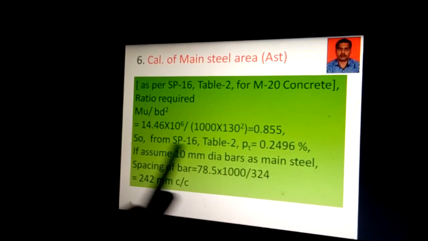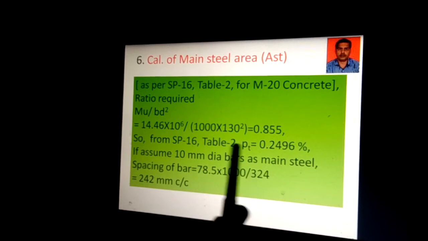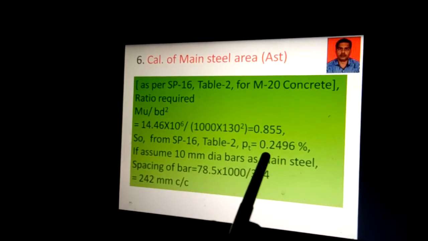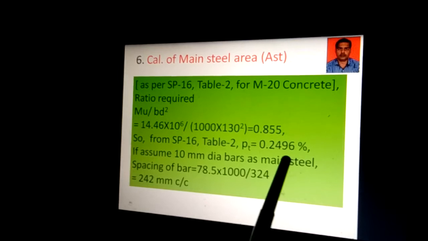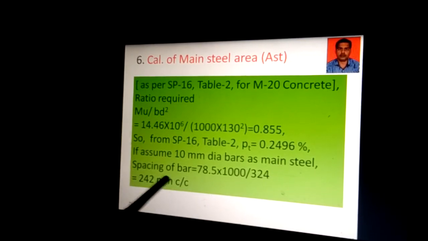From this percentage, if we assume 10 mm diameter bars as main steel, the spacing of the bars would be 78.5, that is the one bar area of 10 diameter, into 1000 divided by 324. 324 is the area of steel calculated based on this percentage, 0.2496, and this way we can find the spacing of the bars.